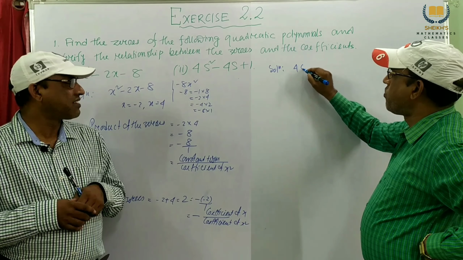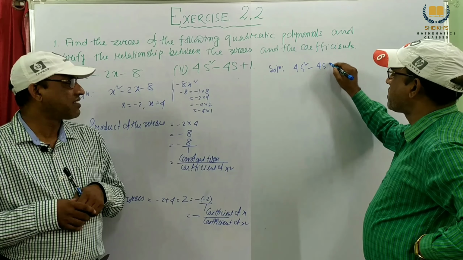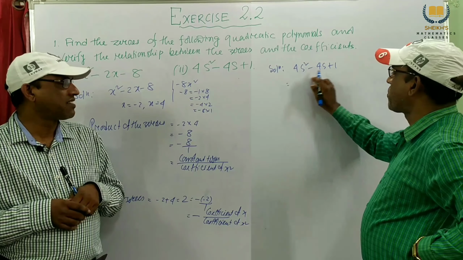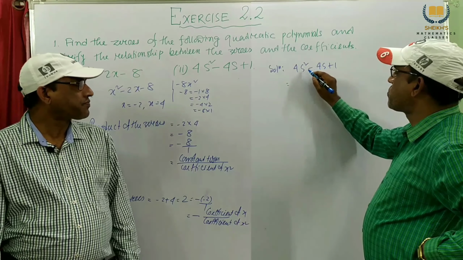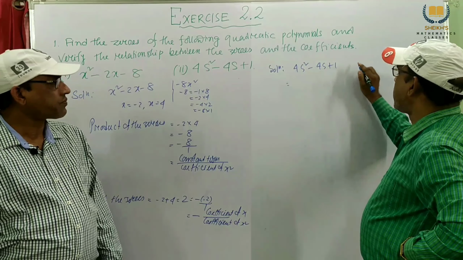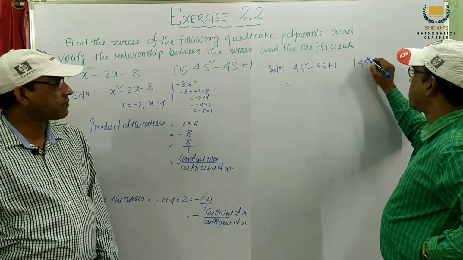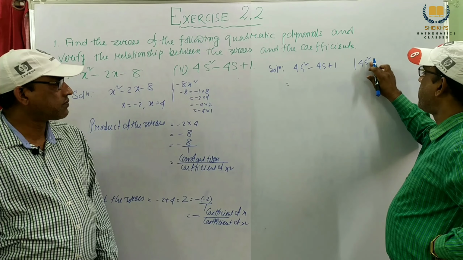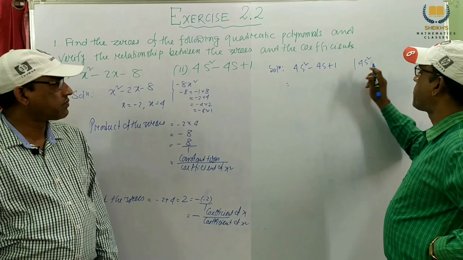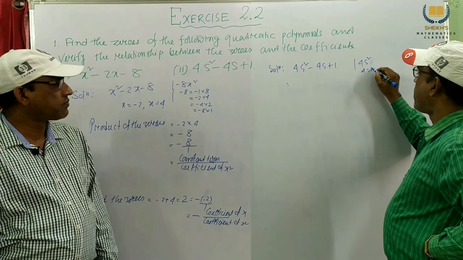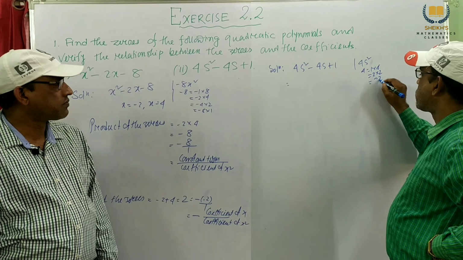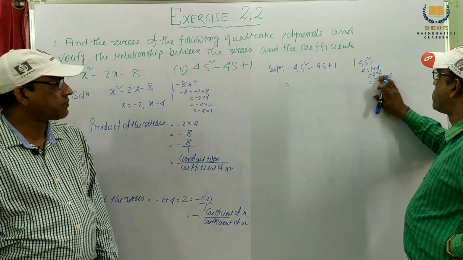here given 4s square minus 4s plus 1. We factorize this: multiplying 4s square and the last term, 4 means 1 into 4, 2 into 2, minus 2 into minus 2.